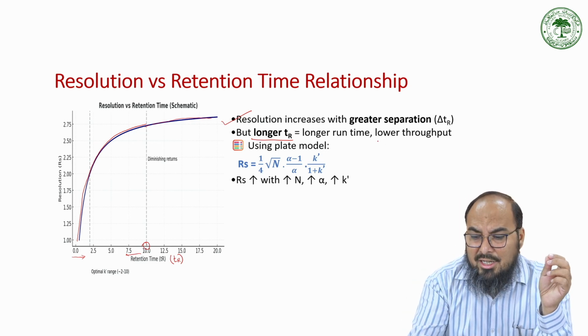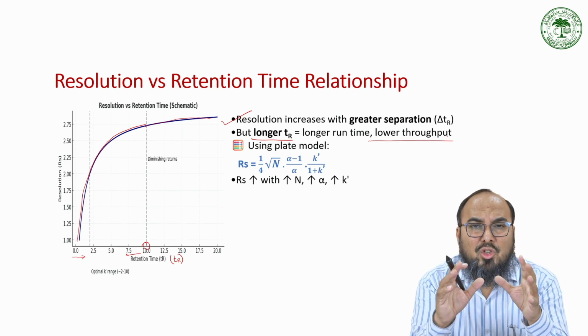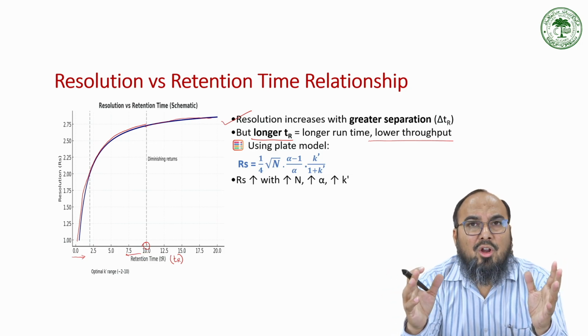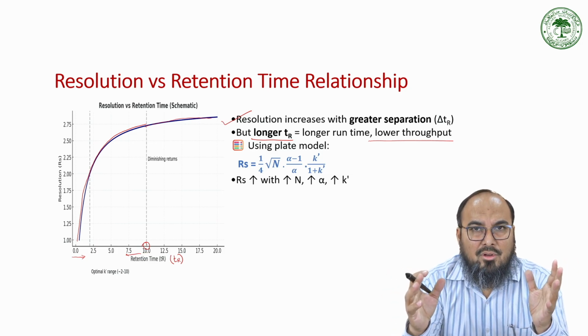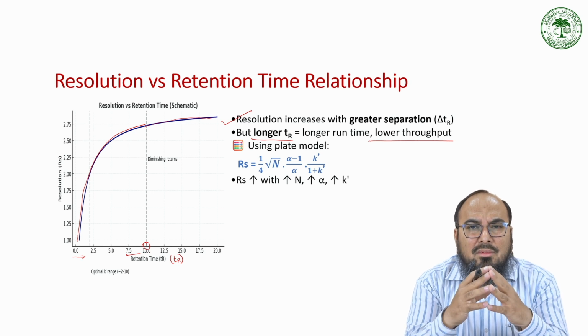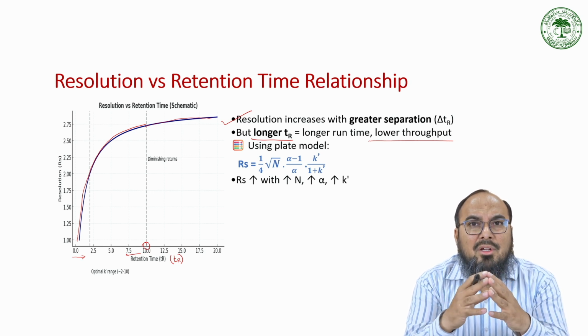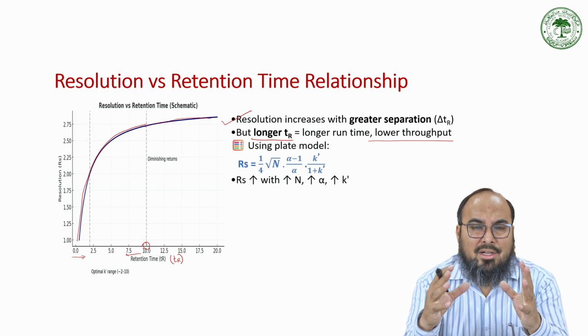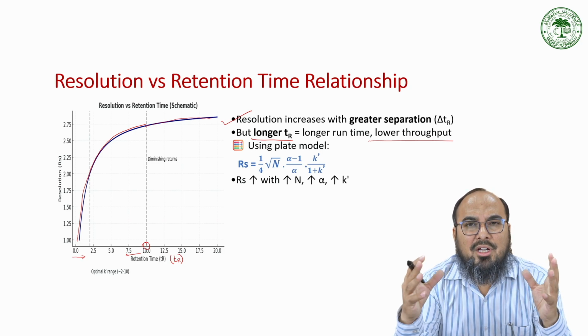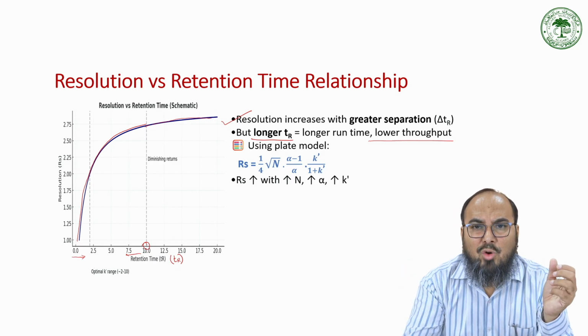That leads to lower throughput, which means you cannot run a large amount of sample if you have a longer run time. Although resolution would be good, your column will take more time to separate your components. So your column is not good for doing large quantity of separation, that is lower throughput.